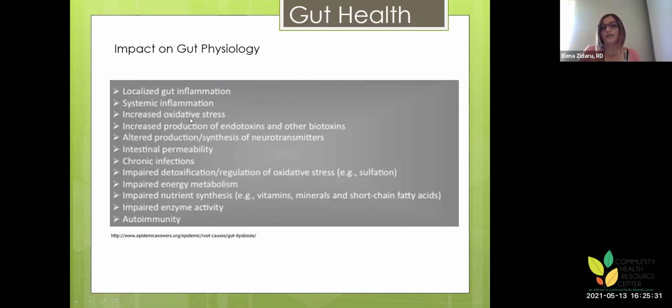So through oxidation, we create free radicals, which are unstable chemical molecules that can damage DNA and obviously create health issues.